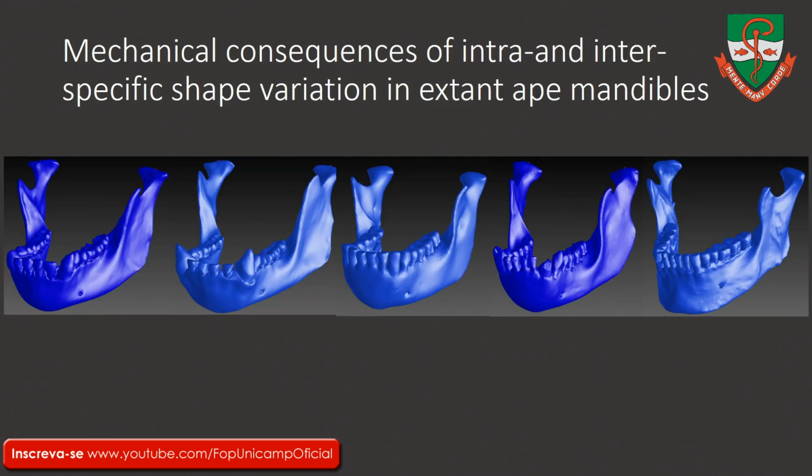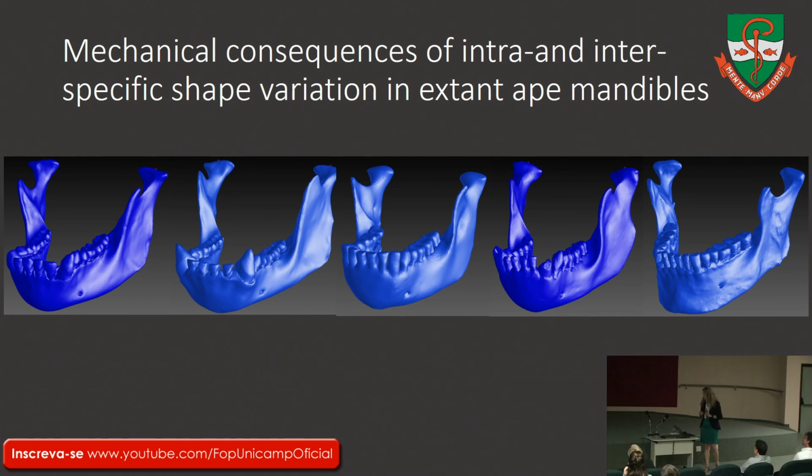So ultimately, if we're interested in questions like, what are the mechanical consequences of mandibular shape variation between extinct and extant taxa? And what are the mechanical consequences of mandibular shape variation within extant taxa? Then we need a comparative data set of FE models.